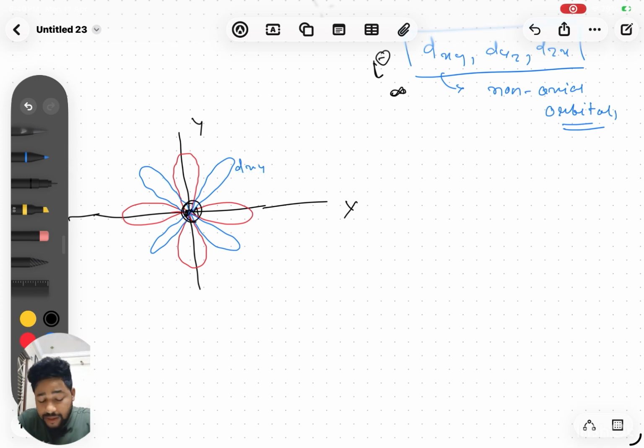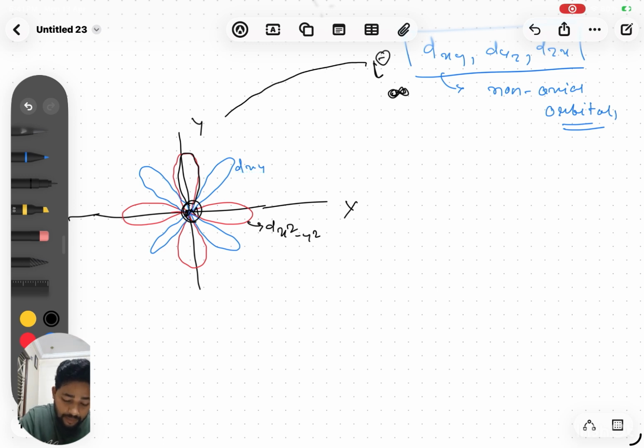All five orbitals, dx square minus y square, dz square, dxy, dyz, dzx, will face the same type of repulsion.